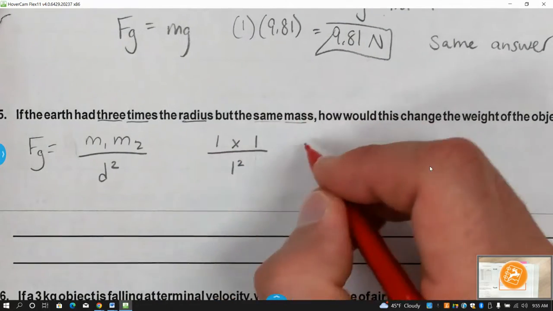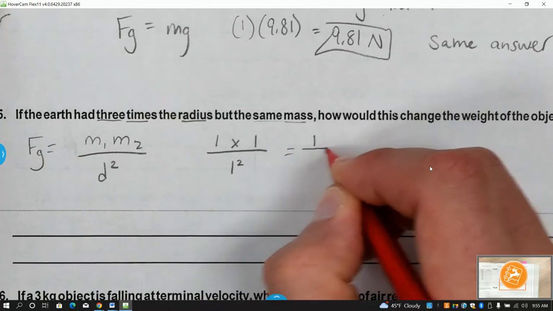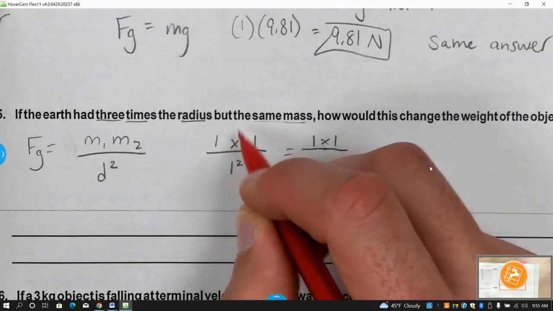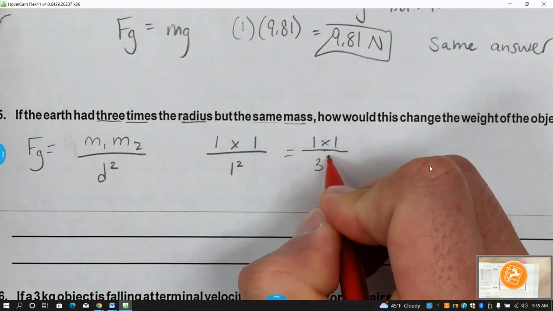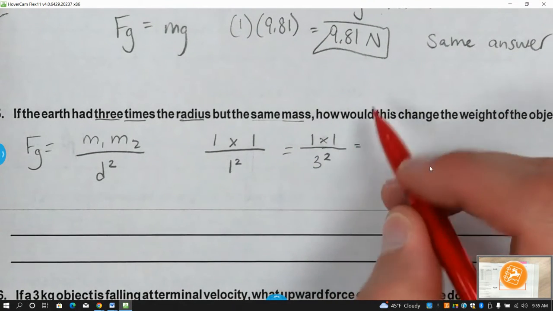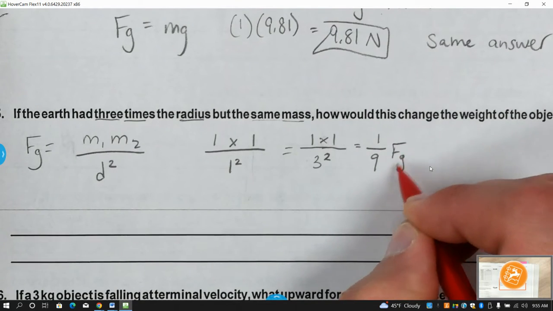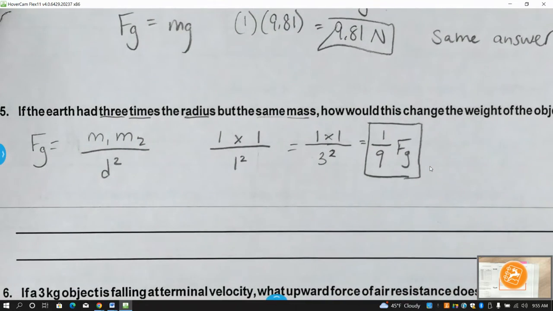Well, if neither of the masses change, 1 times 1 is 1, and we would change this to a 3. And remember, you have to make sure you square that on the bottom. So 1 times 1 is 1, and 3 squared is 9. So it would be 1/9 of the original force.